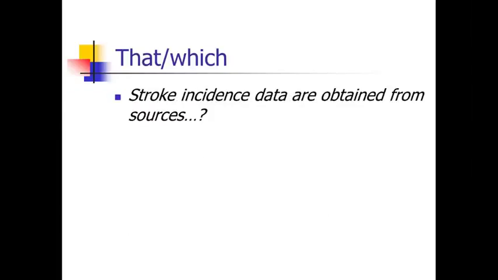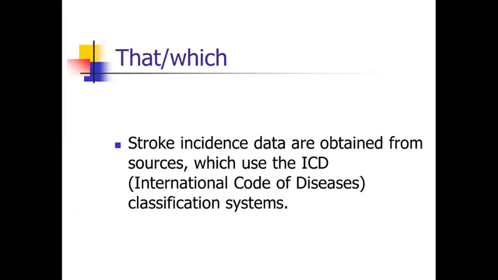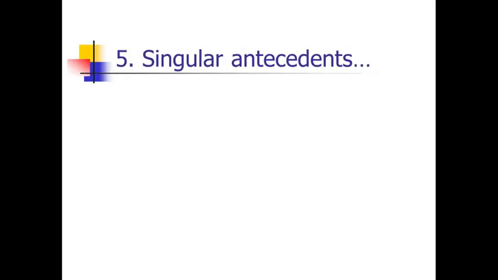Would you just say, "Stroke incidence data are obtained from sources"? No, we need more information. That information is essential, so that should have a that and should not have a comma there. So you should say, "Stroke incidence data are obtained from sources that use the ICD classification systems." So watch out for that in your writing.